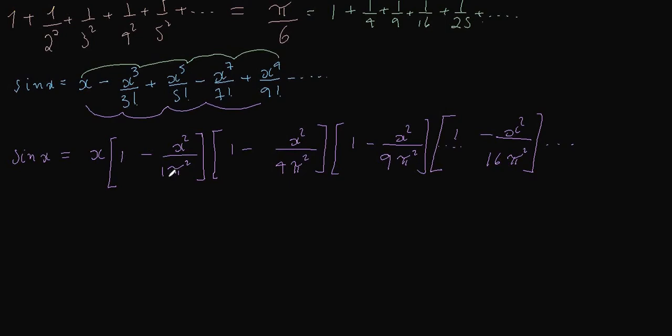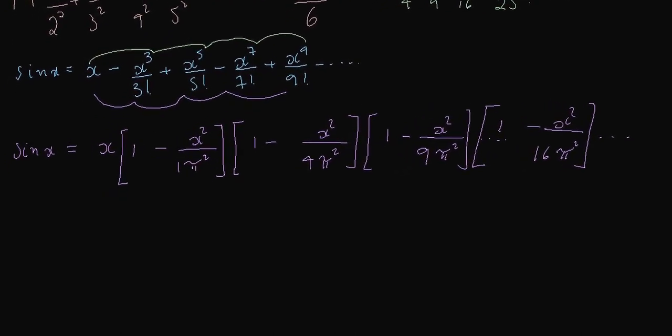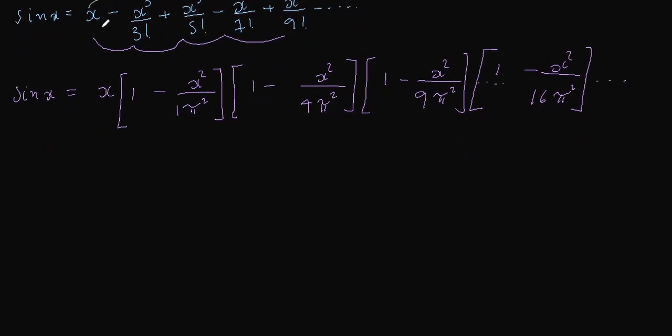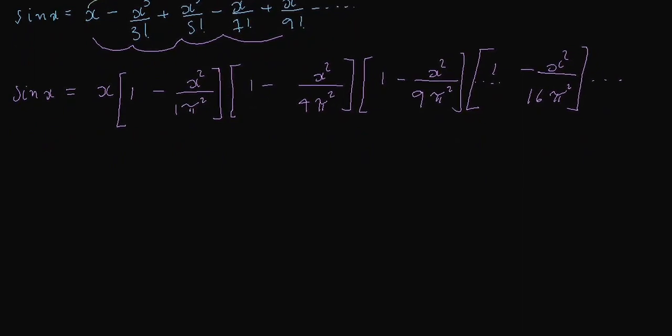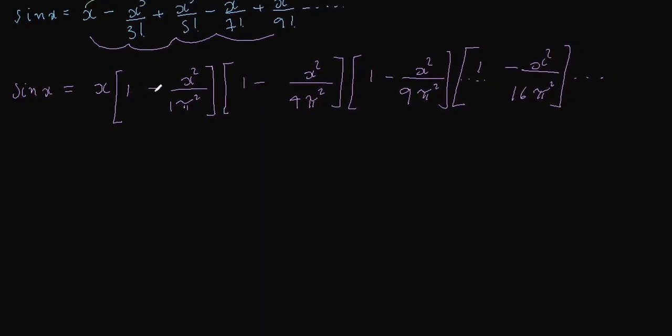So let's see if we can expand these products. Let's see how we would go about expanding this product and seeing what we can get. Let me change the color here and pick a nice color. Let's expand all of the terms that have the x squared in it.